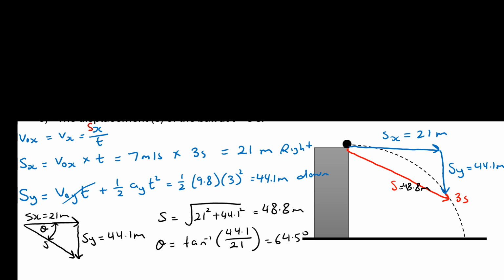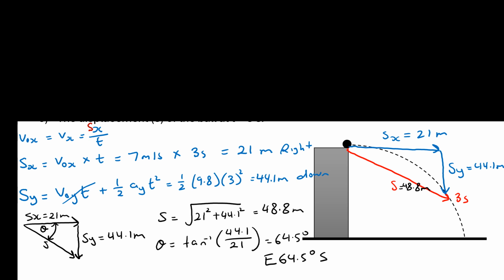And now we can use the major points to finalize our answer for the direction. So this theta is between south and east, or east and south, because the angle starts from east, so you would need to write east first, the angle is 64.5 degrees south.